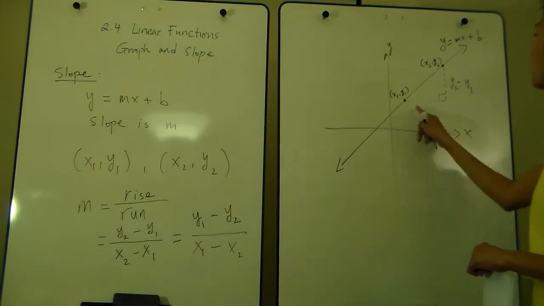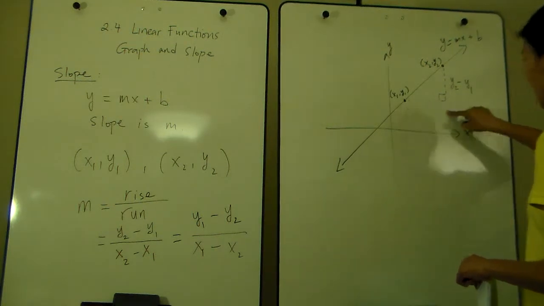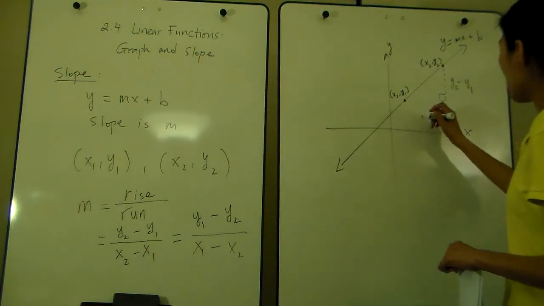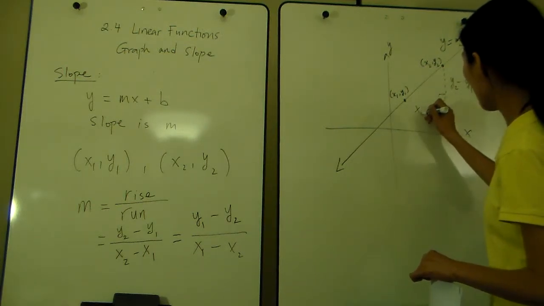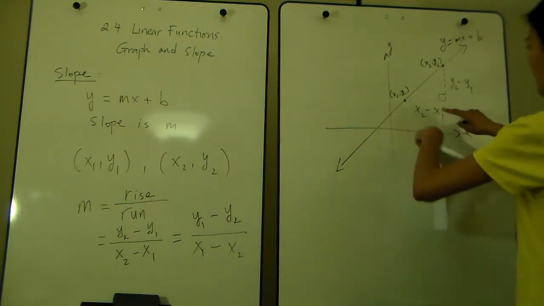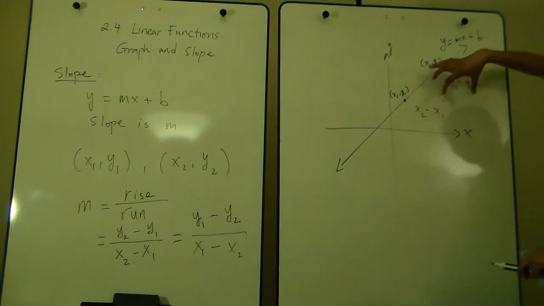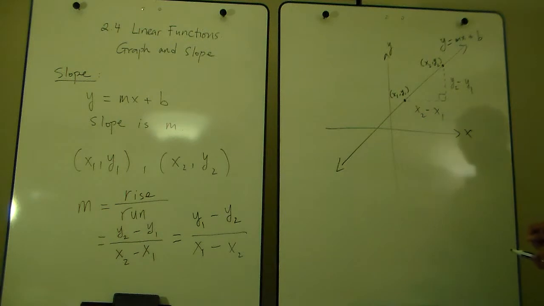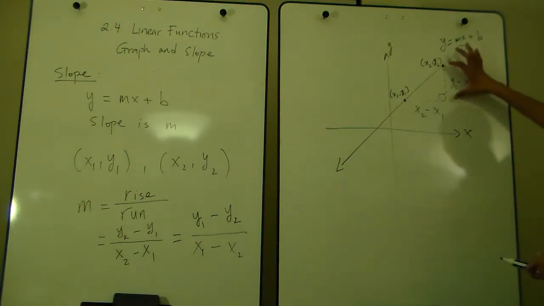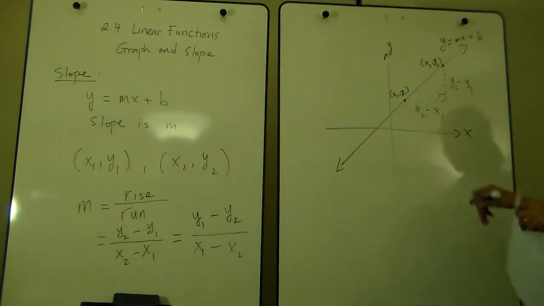And same thing right here, this is the change in x, okay? When you take the difference of x sub 2 subtract x sub 1, the value x sub 2 subtract x sub 1 is right here, okay? And the value y sub 2 minus y sub 1 is right here, change in y, change in x.